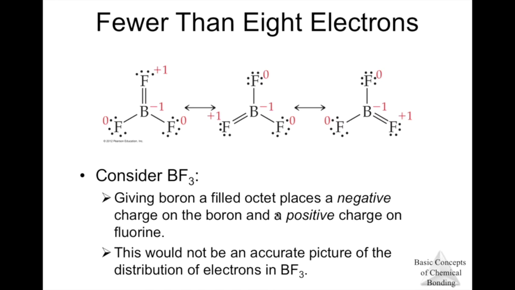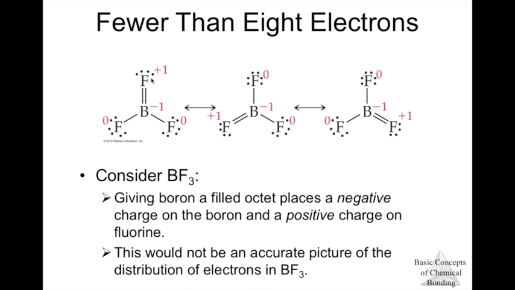Sometimes you can get things that are fewer than 8 electrons, and that's just better. So for example, if we're looking at BF3, if we fill the octet of boron, right? In this example here, boron has 2, 4, 6, 8. It's got its octet filled. But now when we assign our formal charges, we're putting a negative on boron, and fluorine, the most electronegative element in the periodic table, has got a positive charge.